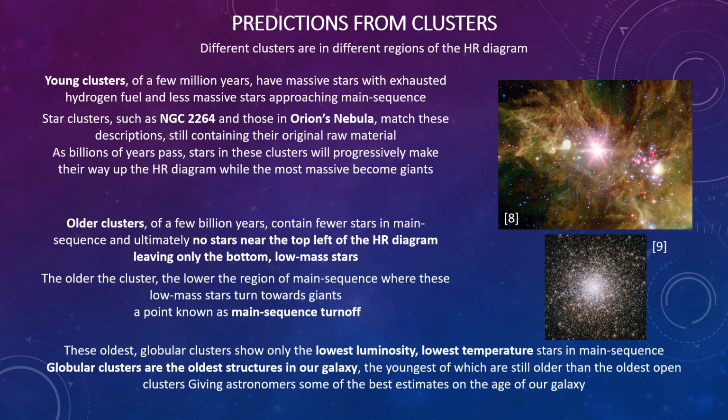So we can actually use the HR diagram to do a lot of things with clusters. When you plot all of the stars in a cluster on the HR diagram, you get a nice spread that tells us several things. So you can infer based on the number of stars in the different stages how old that cluster is.